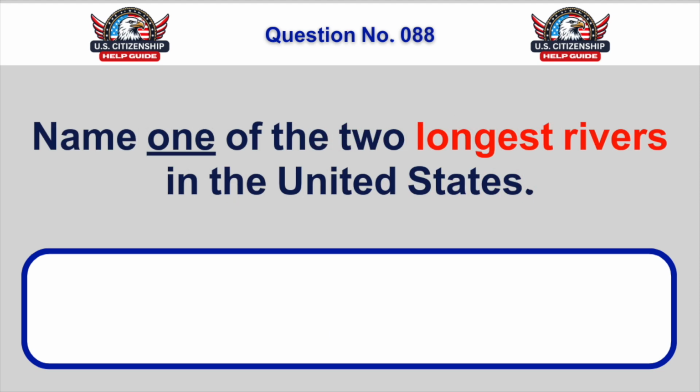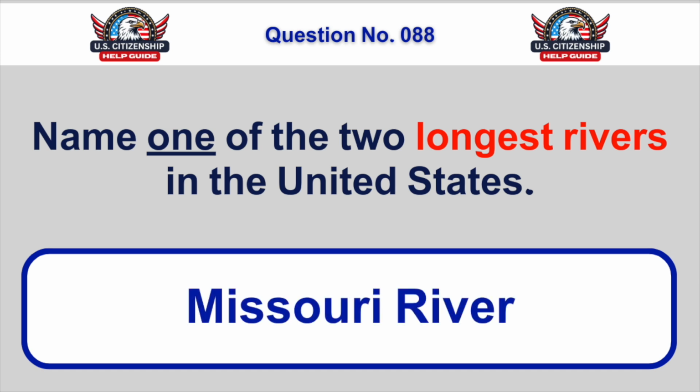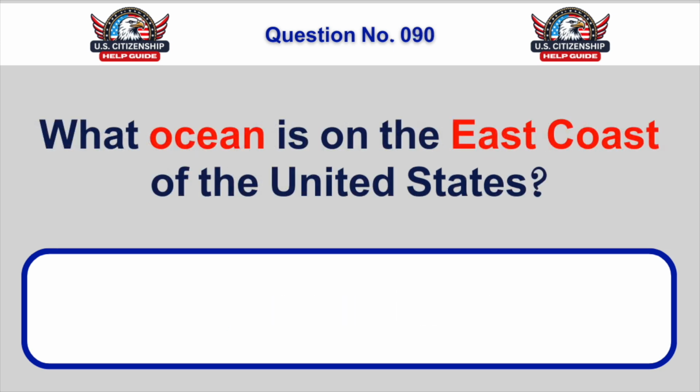Name one of the two longest rivers in the United States. Missouri River. What ocean is on the east coast of the United States?